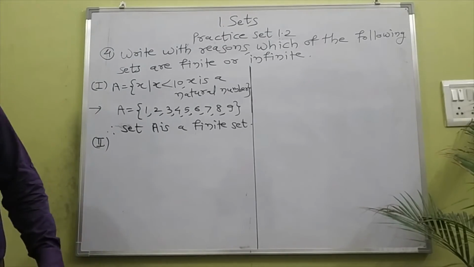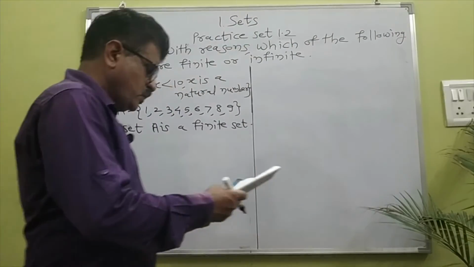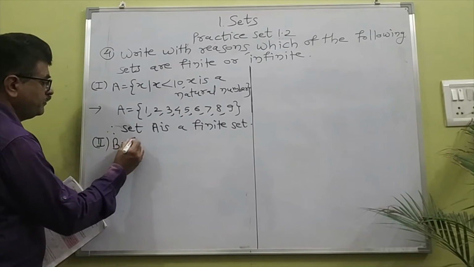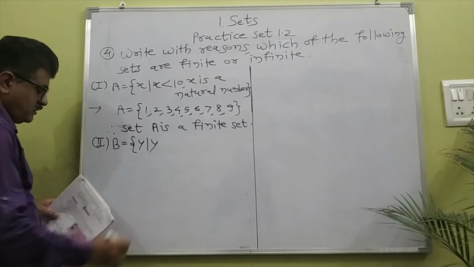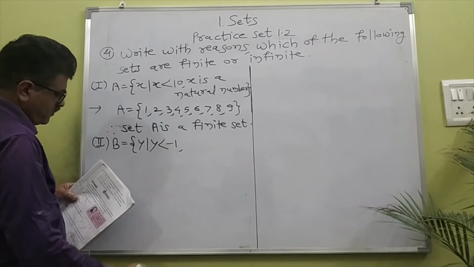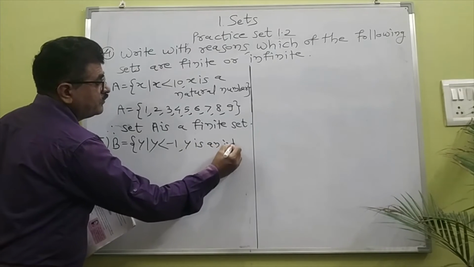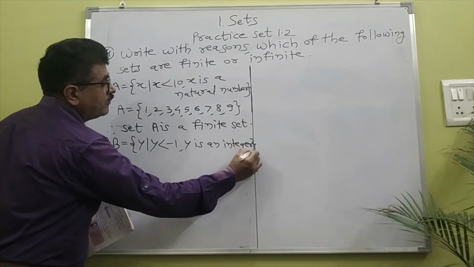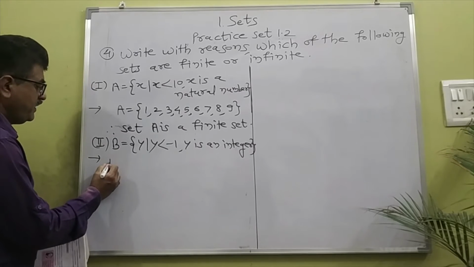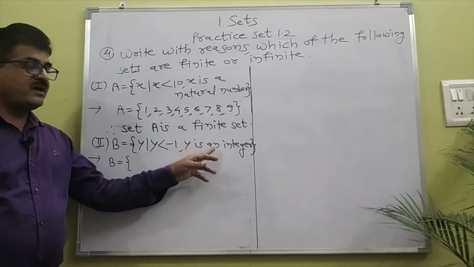Second, number 2. B is a set of y such that y less than minus 1, y is an integer. Therefore set B contains y less than minus 1, y is an integer.